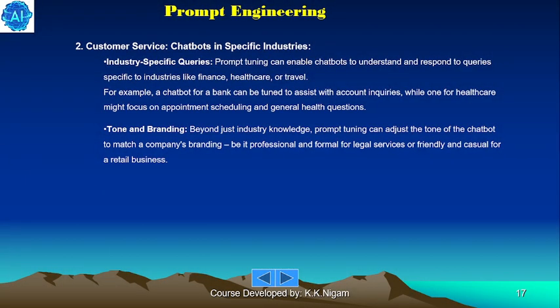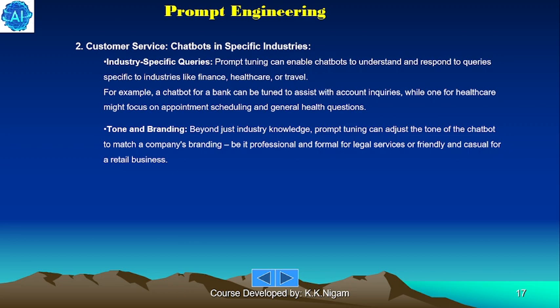Customer service: chatbots in specific industries. Industry-specific queries: prompt tuning can enable chatbots to understand and respond to queries specific to industries like finance, healthcare, or travel. For example, a chatbot for a bank can be tuned to assist with account inquiries, while one for healthcare might focus on appointment scheduling and general health questions.